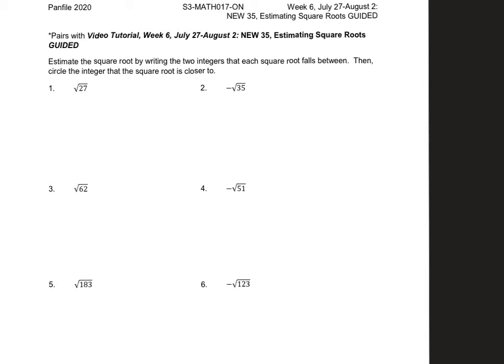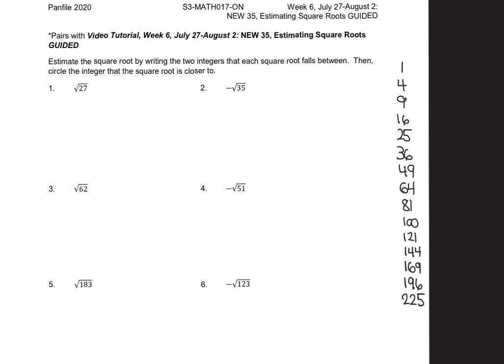So looking at that list again, we have those perfect squares, 1, 4, 9, 16, 25, 36, 49, 64, 81, 100, 121, 144, 169, 196, and 225. And that goes with numbers 1 through 15.